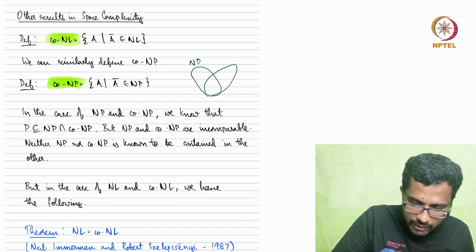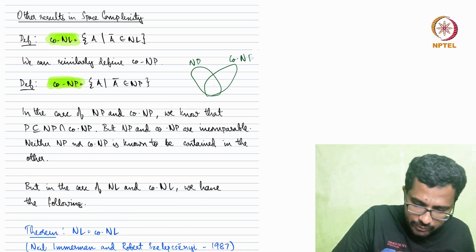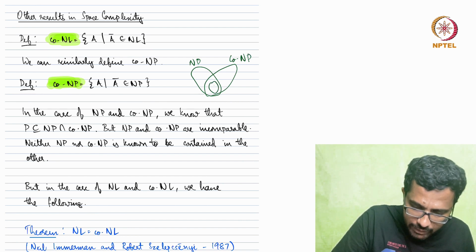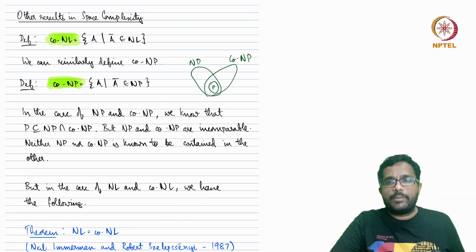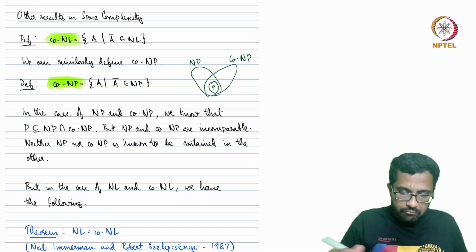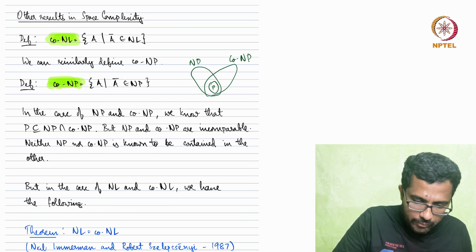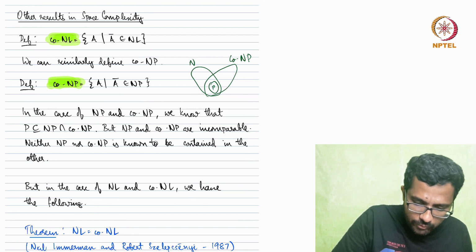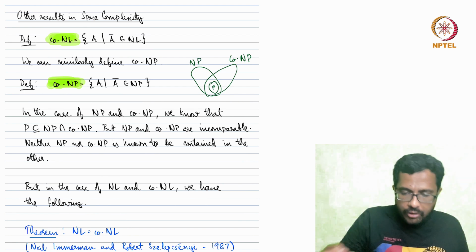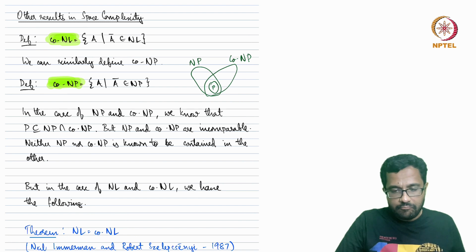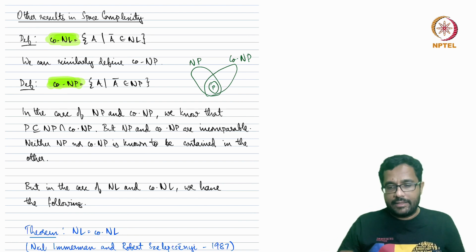If this is NP and this is co-NP, we know that P is contained in the intersection of NP and co-NP, but we don't know any other relation between them.